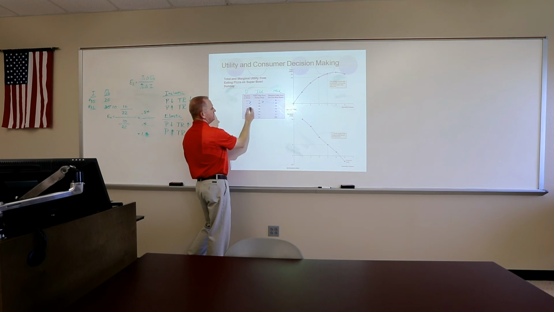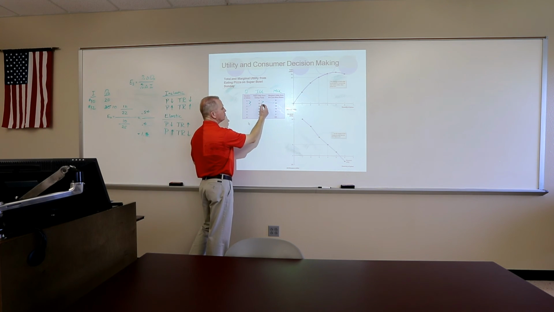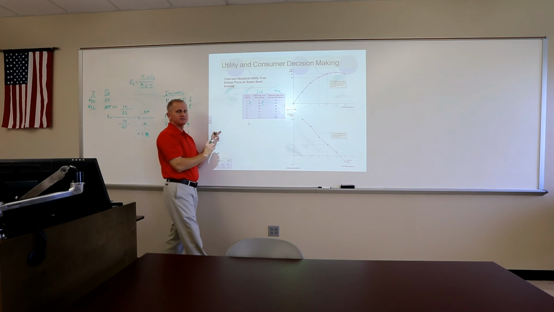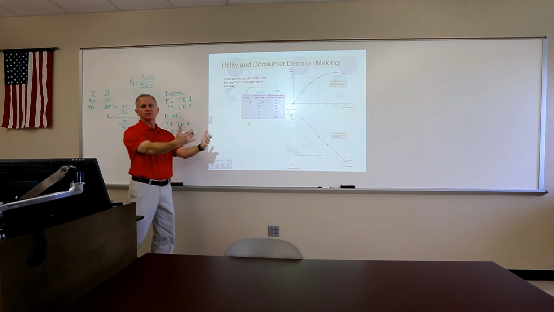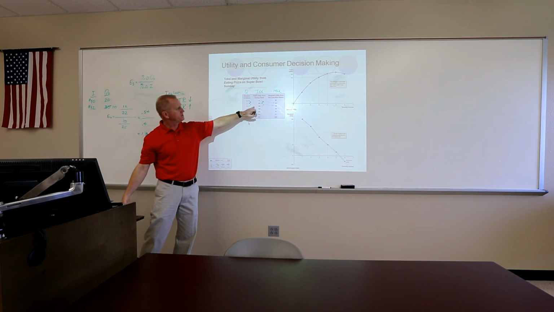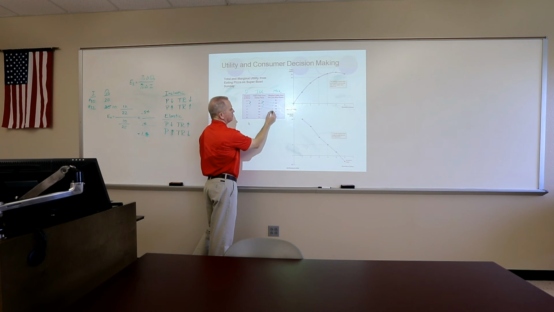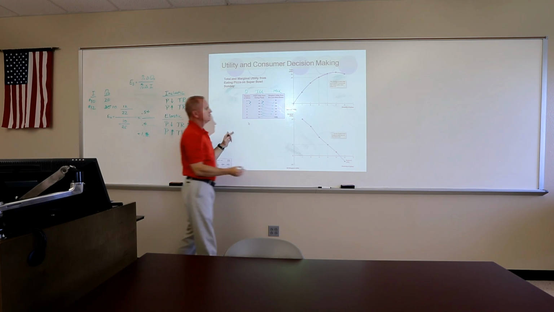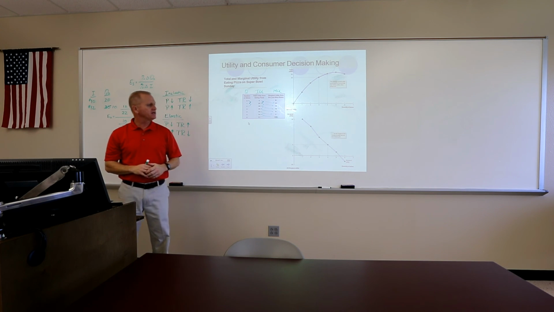Between the first slice and the second slice, it provided an additional amount: the difference between 20 and 36 is 16. All I'm doing is taking the difference. The difference between 36 and 46 is 10. Between 46 and 52 is 6. Between 52 and 54 is 2. Now when the total goes down, it should be negative 3. There's a little symbol in there that got messed up, but that's a negative amount.